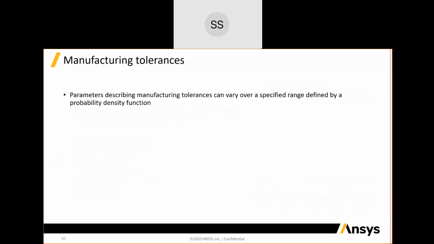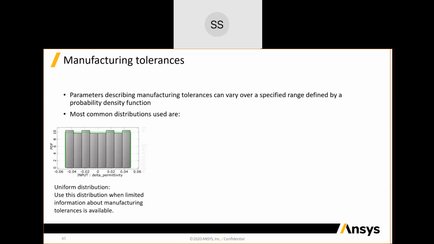In terms of how we define the manufacturing tolerances, I had mentioned already that we define them with probability density functions. And within optiSLang, we of course have different density functions available to us. The ones that I most often use are the uniform distribution, which says the likelihood of a value of minus 0.04 or 0.02 is all equal.